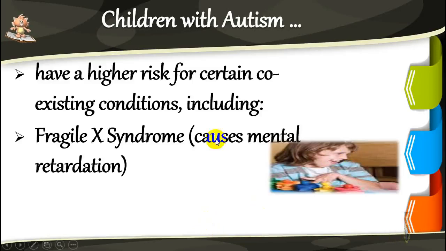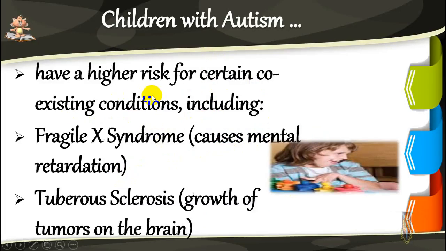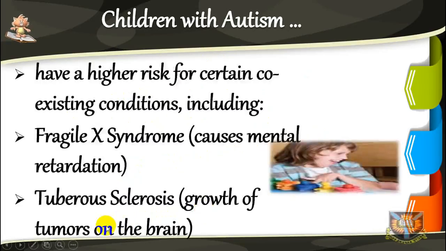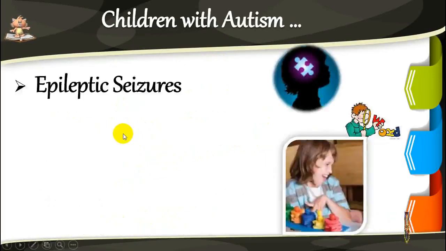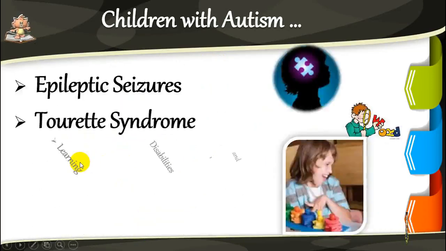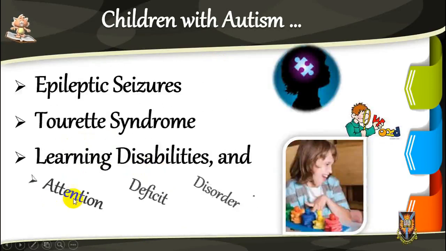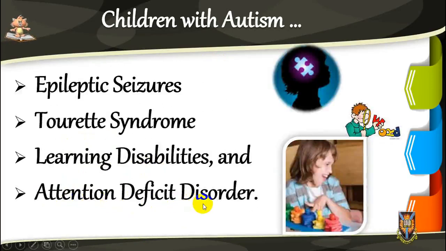Children with autism appear to have a higher than normal risk for certain coexisting conditions, including Fragile X syndrome, which causes mental retardation, tuberous sclerosis, in which tumors grow on the brain, epileptic seizures, Tourette syndrome, learning disabilities, and attention deficit disorder.